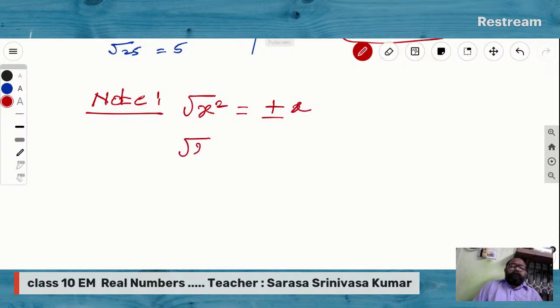So here square root of 25 equal to plus or minus 5. Square root of 36 equal to plus or minus 6.